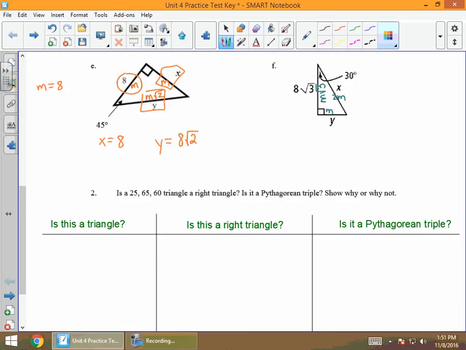So I'm looking for my equation. Here's my equation. M radical 3 equals 8 radical 3. Divide both sides by radical 3, and m is 8. So my x value, you see, is 2m. Well, 2 times 8 is 16. The y value is just equal to m. So the y has to be 8.